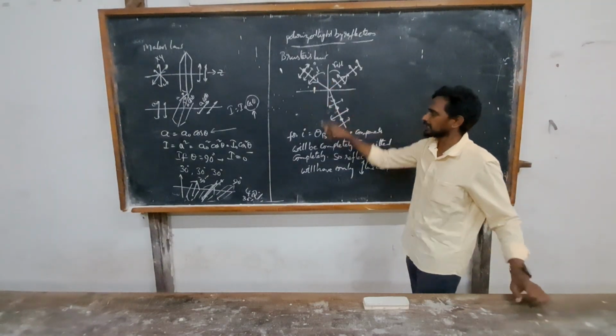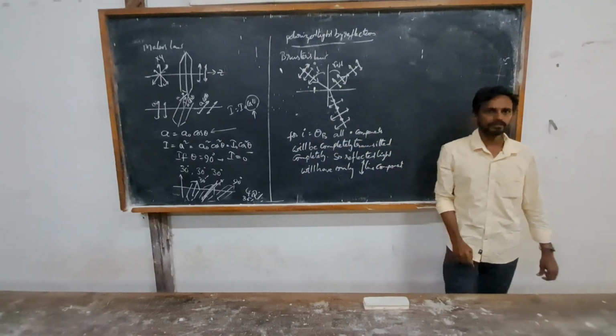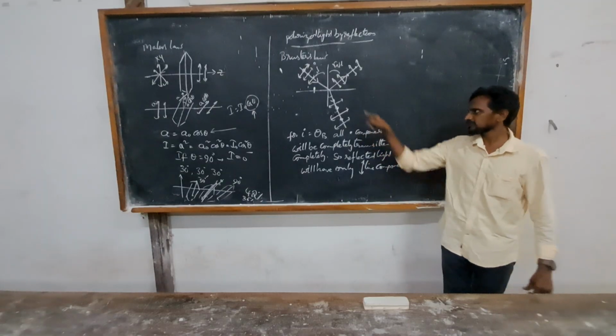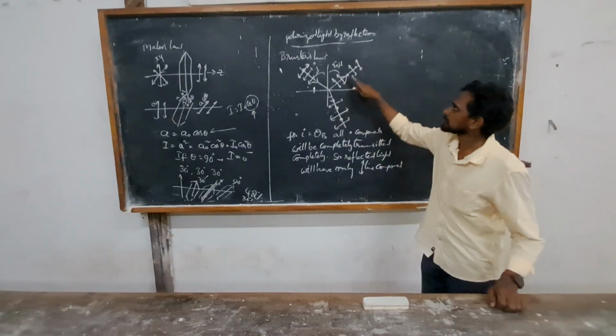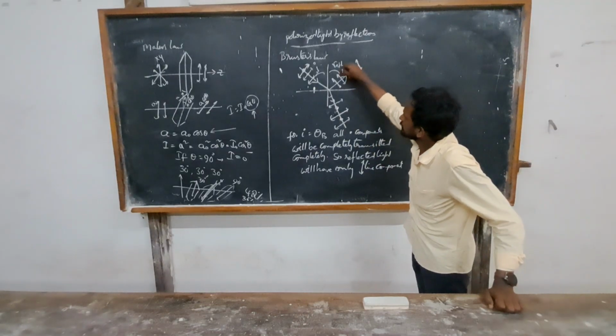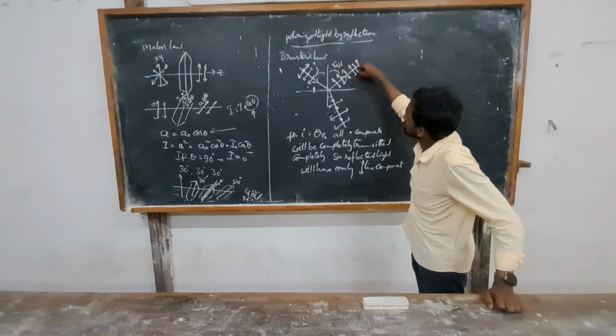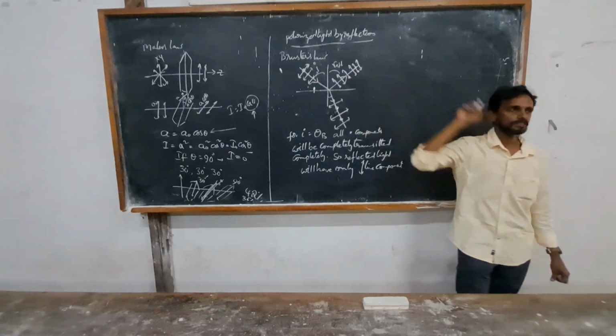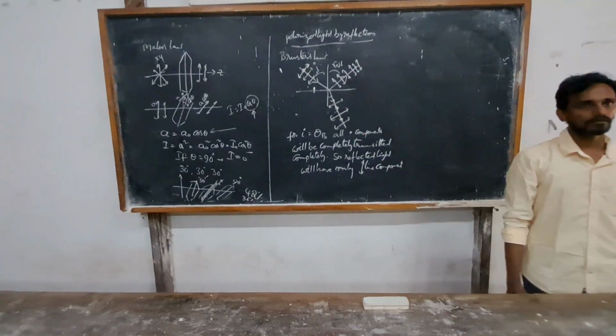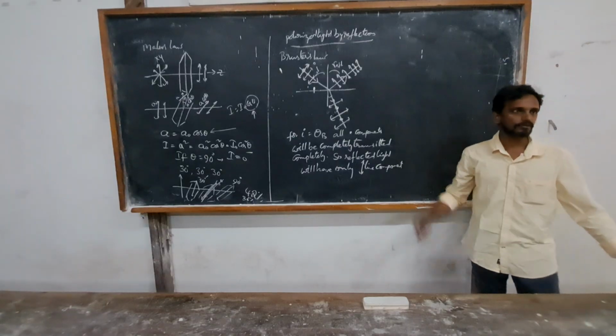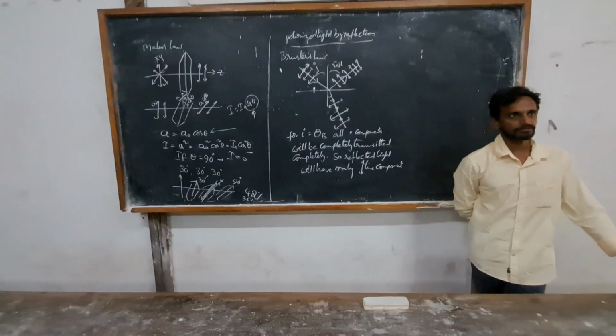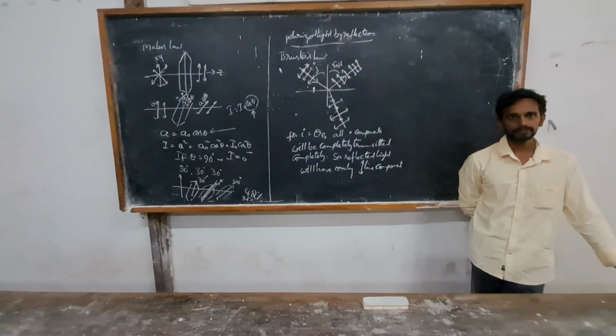So for a particular angle of incidence, when i is equal to theta b, all dot components will be directly transmitted. So the reflected part contains only line components. So we get pure polarized light along the x direction. On-plane vibrations only will exist in the reflected light.